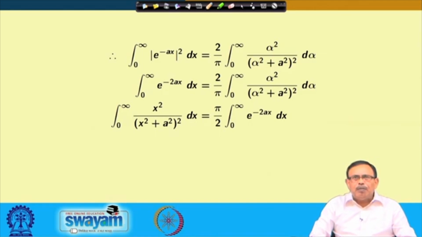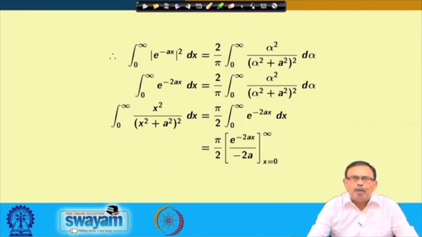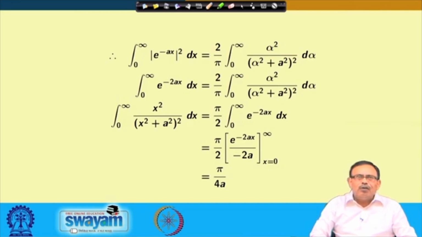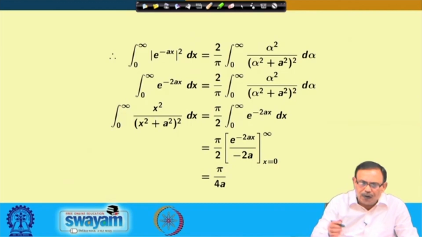So, it becomes pi by 2 times 0 to infinity e power minus twice a x dx, and I can evaluate the integral easily: e power minus twice a x by minus 2a, where the limit of x is from 0 to infinity. If I substitute the limit, this value becomes pi by 4a. So, the value of the given integral is pi by 4a.